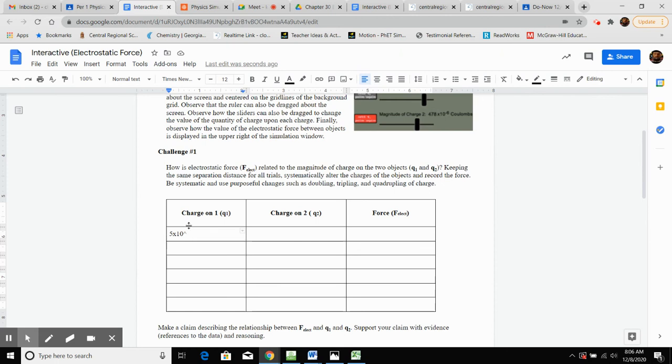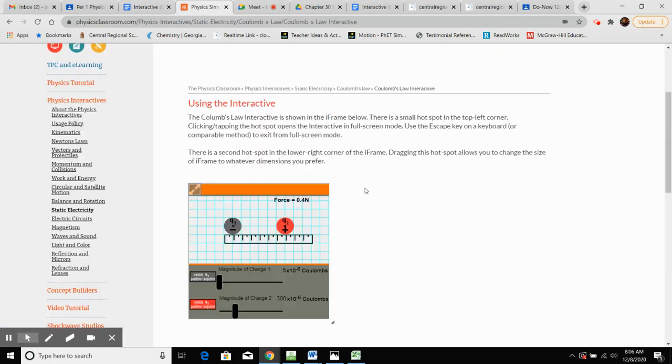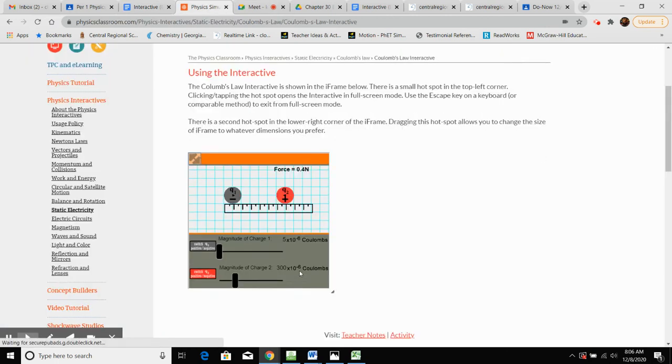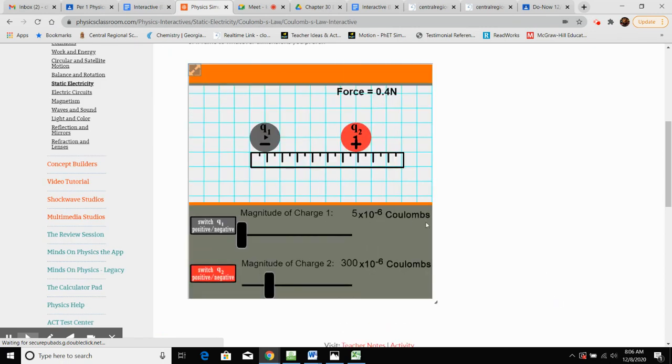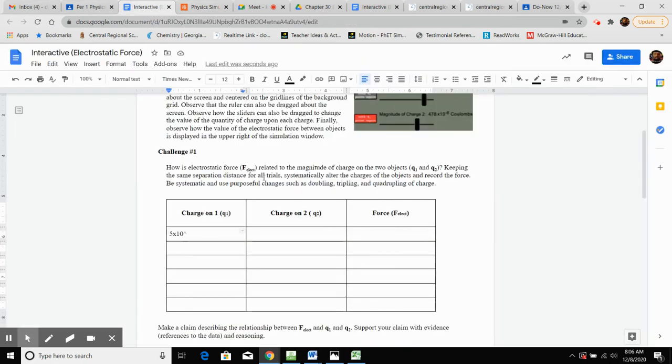So what do I have? 5 times 10 to the negative 6th. And the unit they gave us is coulombs, but you can just abbreviate it with a capital C. So I'm going to have 5 times 10 to the negative 6 C for coulombs.